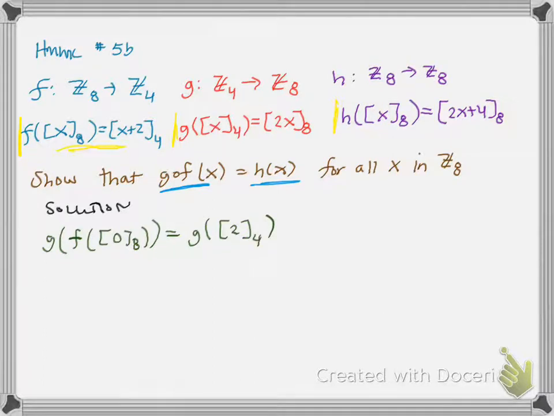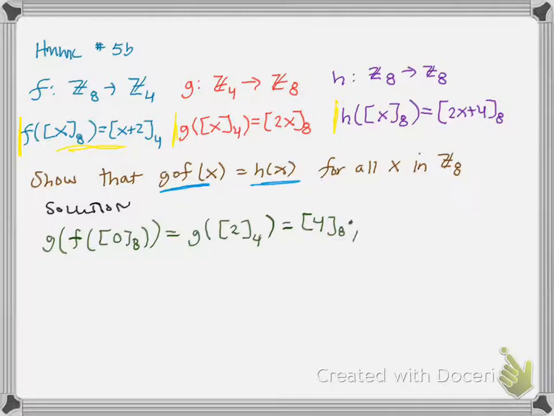I'm just using that function right there, that operation for F. Now we go to our G function, and G of 2 in mod 4 will become, I can drop it now, 4 in mod 8. Since 4 is less than 8, it's one of the remainders, so that's simplified.